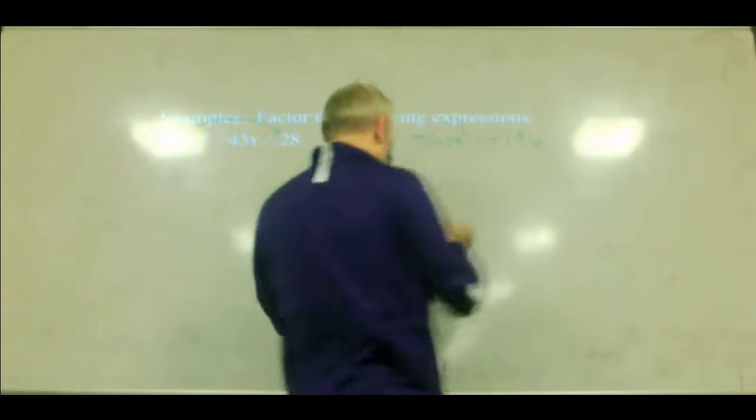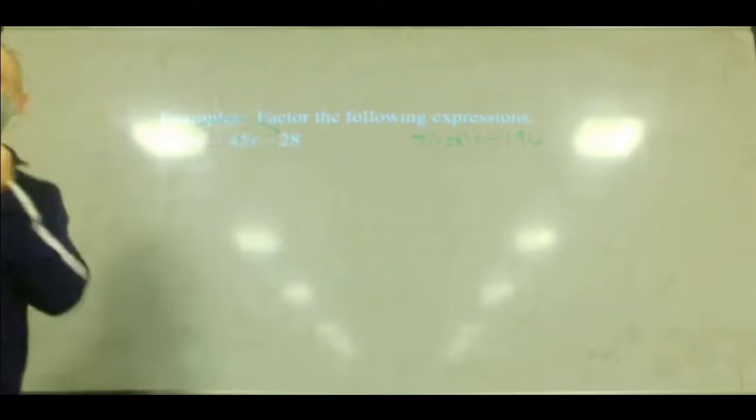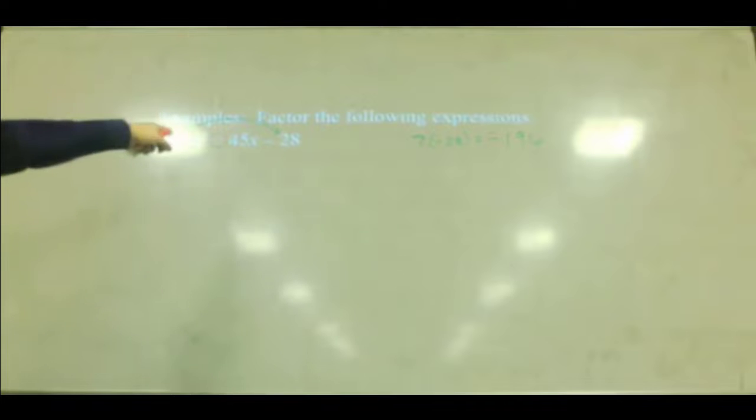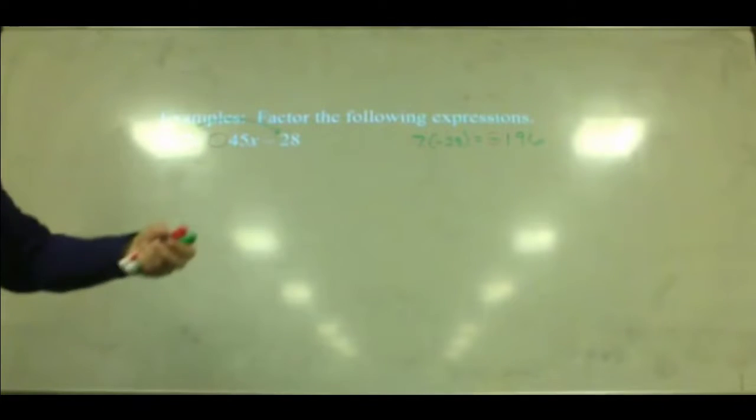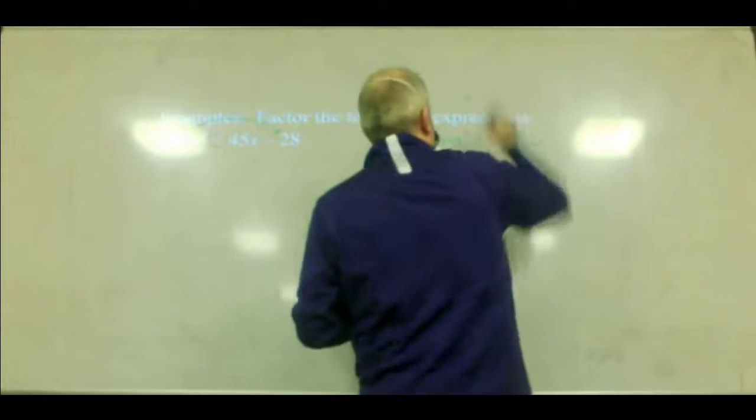Then we look over here. Since they're going to add up to be negative 45, and they're different signs, what does that tell us? The negative one is going to be bigger, because that negative is going to outweigh the little positive number, by 45.